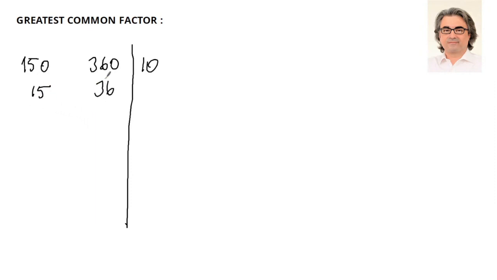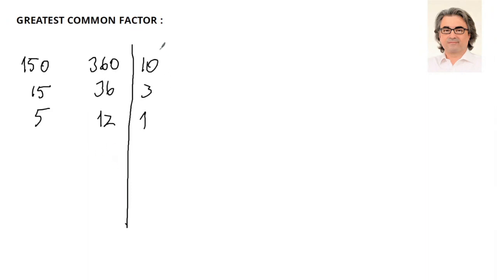What about 15 and 36? Can you find a common number that divides these two numbers? That's 3. If you divide 15 by 3, you will get 5. If you divide 36, you will get 12. What about 5 and 12? Is there any common divisor for them? No. 5 and 12 are divisible only by 1.